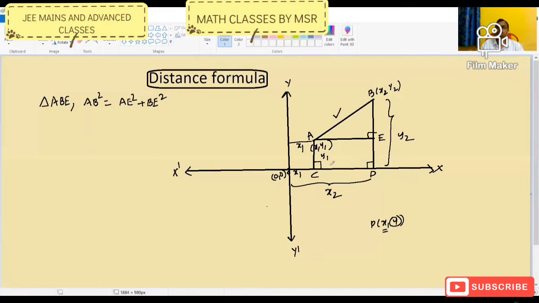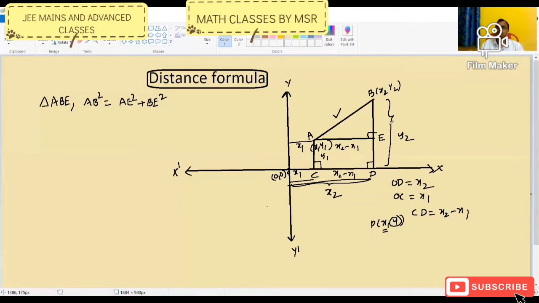Now we got OD is x2 and OC is x1. So what is the length CD? CD is x2 minus x1. Yes or no? This distance is x2, till here the distance is x1, so this distance will be x2 minus x1.